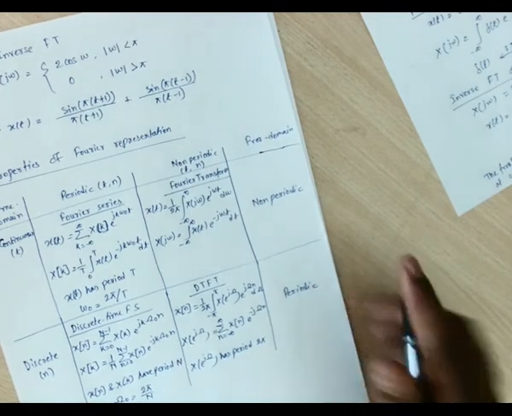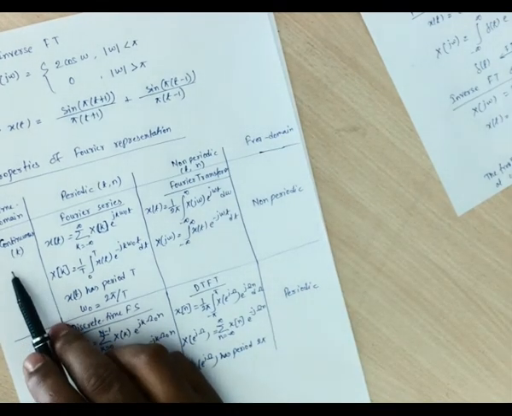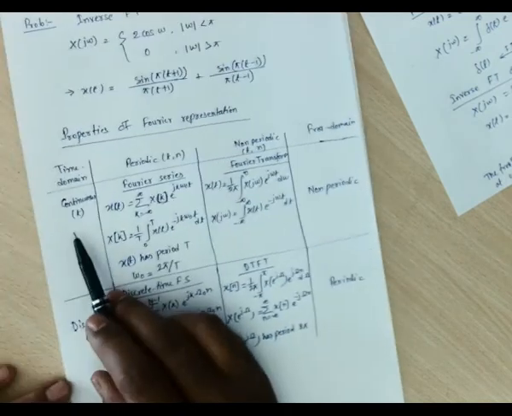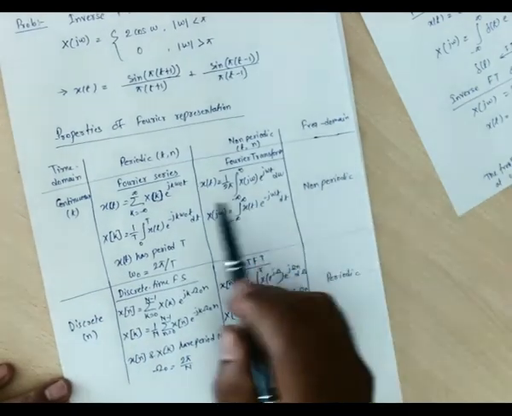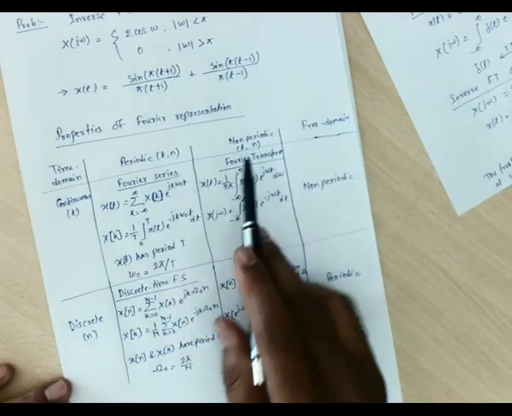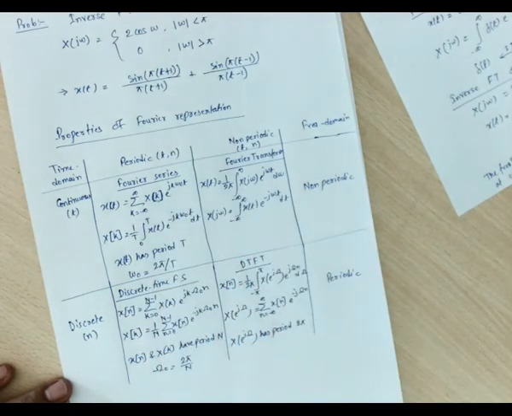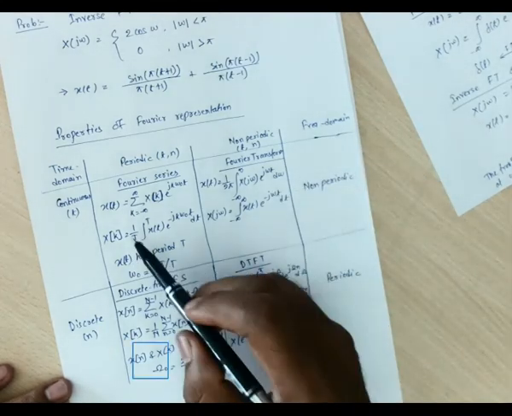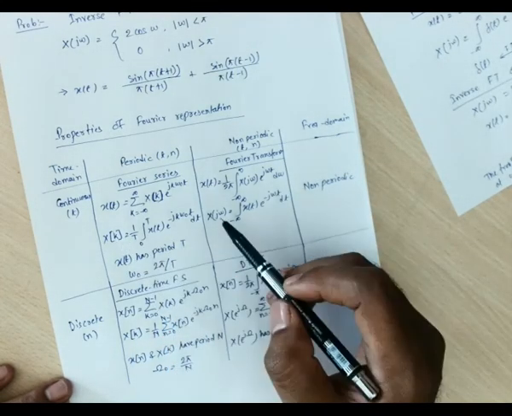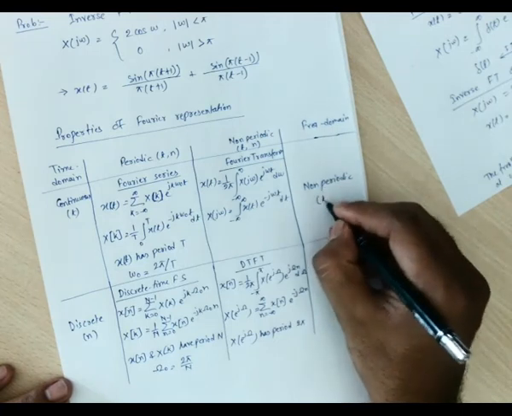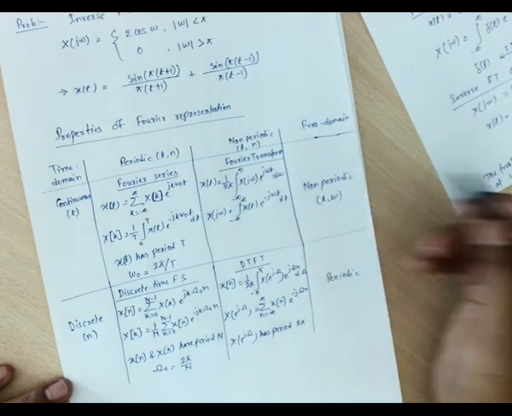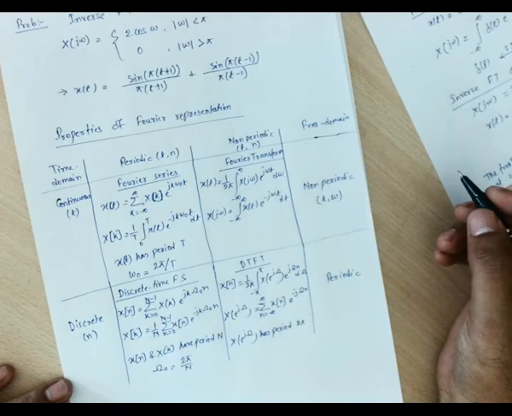So what I said, if we go with a continuous time signal, if it is periodic, then we need to apply Fourier series. If it is non-periodic, we need to apply Fourier transform. Then the frequency domain signal we get, either it is k or omega, will be non-periodic.